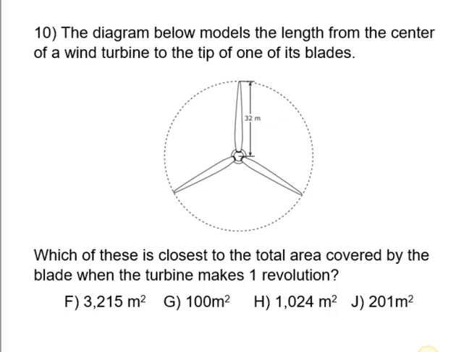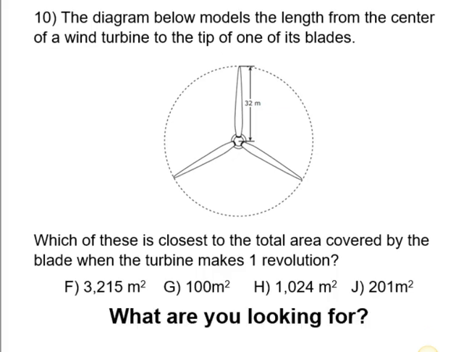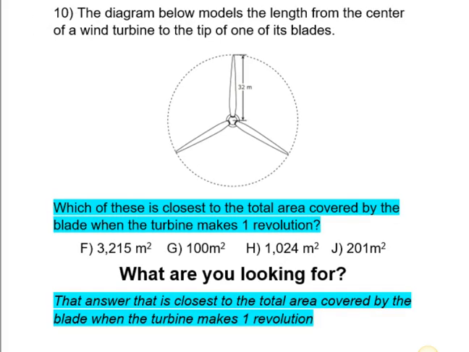F, 3,215 square meters, G, 100 square meters, H, 1,024 square meters, J, 201 square meters. What are we looking for? We are looking for the answer that is closest to the total area covered by the blade when the turbine makes one revolution.